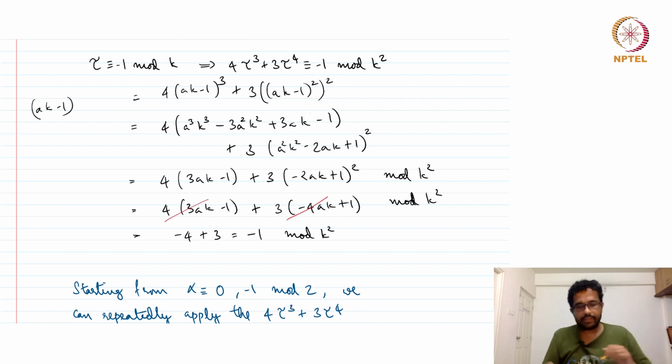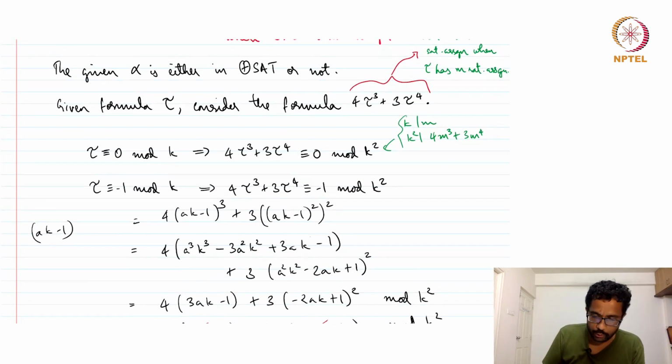So the operation 4 tau cube plus 3 tau power 4, meaning the corresponding formula that has this many satisfying assignments: if we started with tau that has 0 modulo k satisfying assignments, the new formula has 0 modulo k squared. If we started with minus 1 modulo k satisfying assignments, the new formula has minus 1 modulo k squared.